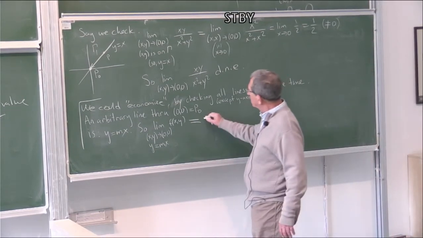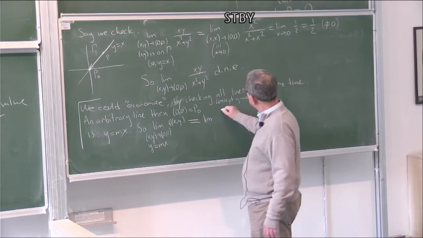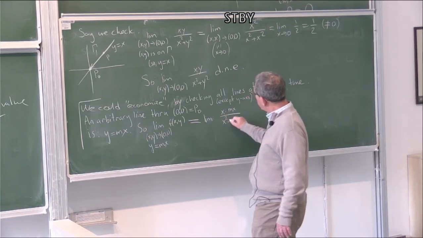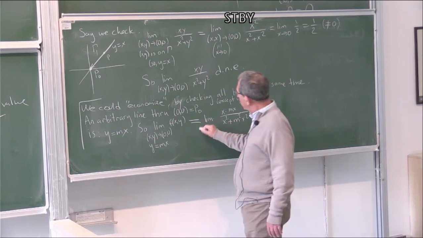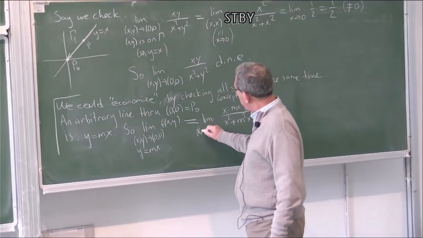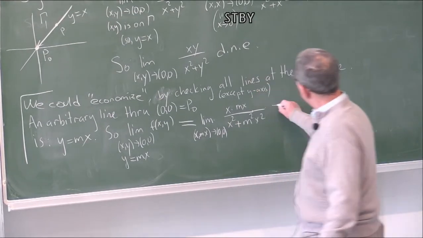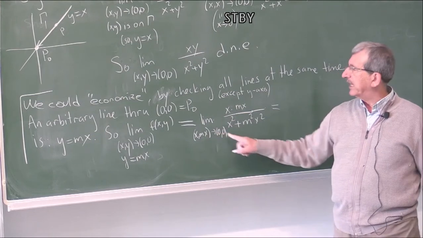This means the limit, y is mx, so x times mx over x squared plus m squared x squared, as (x, mx) goes to (0, 0). Now, x goes to 0, and m times x goes to 0.